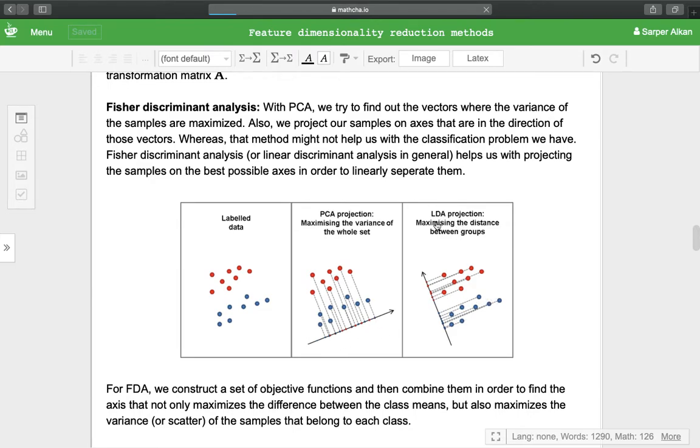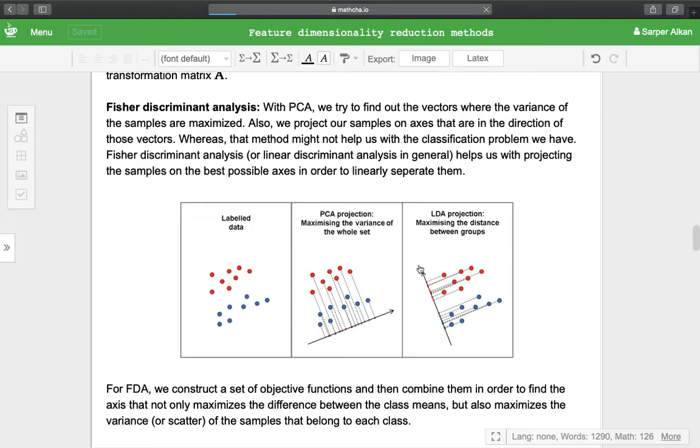With linear discriminant analysis or Fisher discriminant analysis, we can maximize the distance between the means of the groups, as well as maximize the variance in the line that the samples are projected.